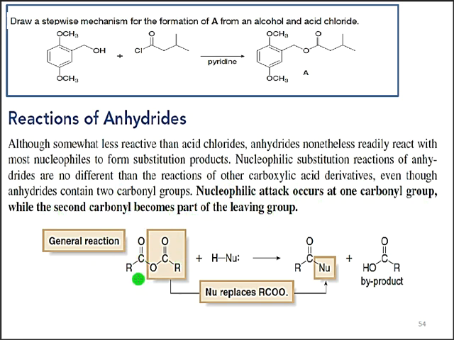The same mechanism. That means you have two carbonyls here. The nucleophile will attack this carbon and this will be the leaving group, or attack this carbon and this part will be the leaving group. Dependent on what? Dependent on the positive charge here, whichever is more strongly positive than the other, depending on the R group here.